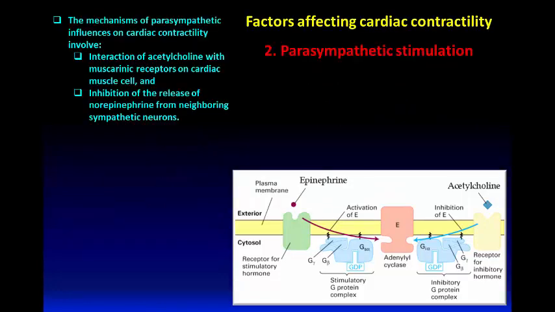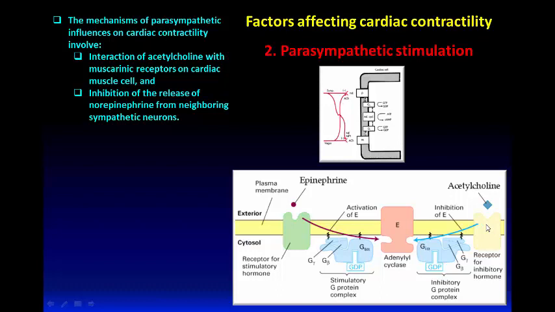Parasympathetic stimulation: the mechanisms of parasympathetic influences on cardiac contractility involve the interaction of acetylcholine with muscarinic receptors on the cardiac muscle cells. This is the vagus releasing acetylcholine, acetylcholine interacting with muscarinic receptors on the cardiac muscle cells.